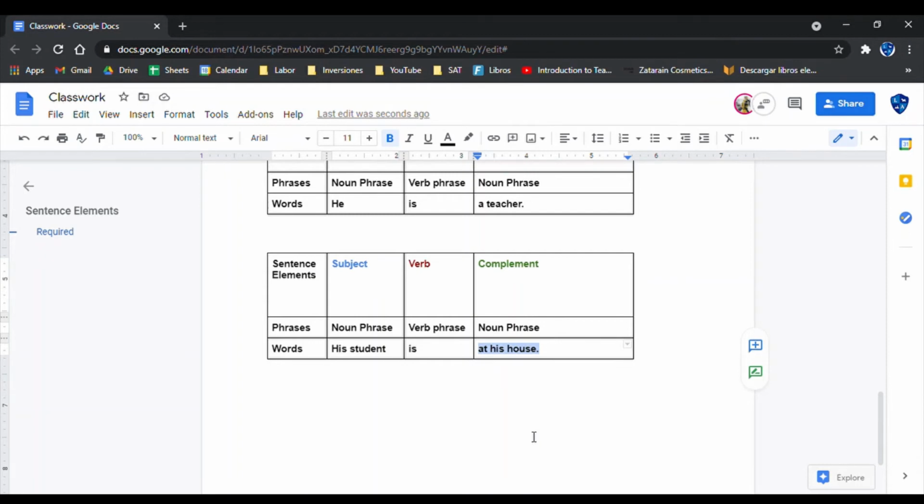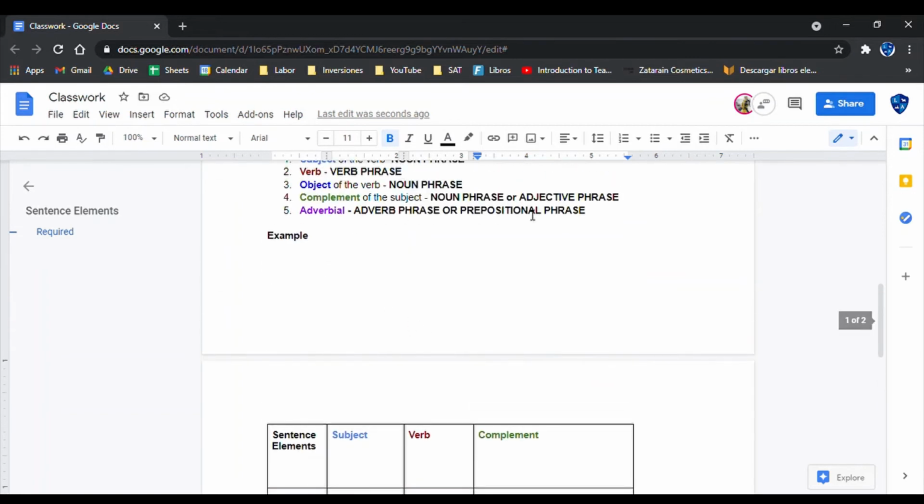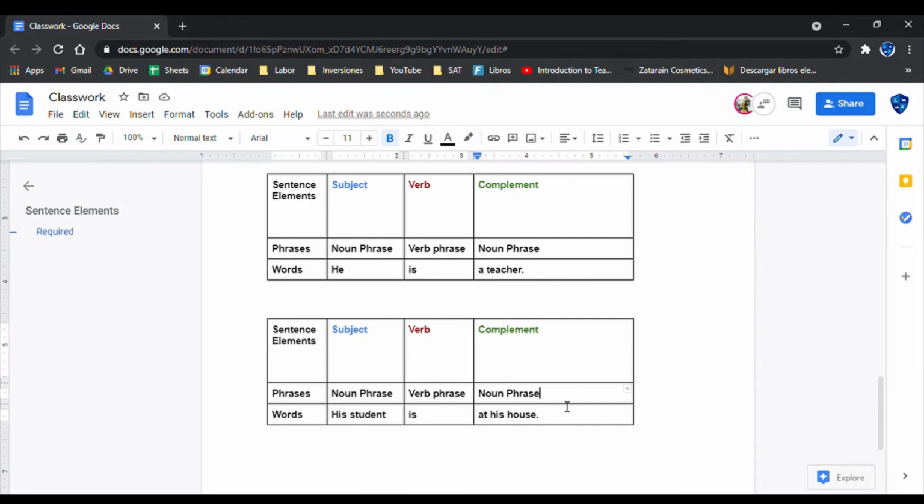At his house is giving information about his location. So this is going to be a prepositional phrase. This is not a noun phrase. This is a prepositional phrase. And it is an adverbial.